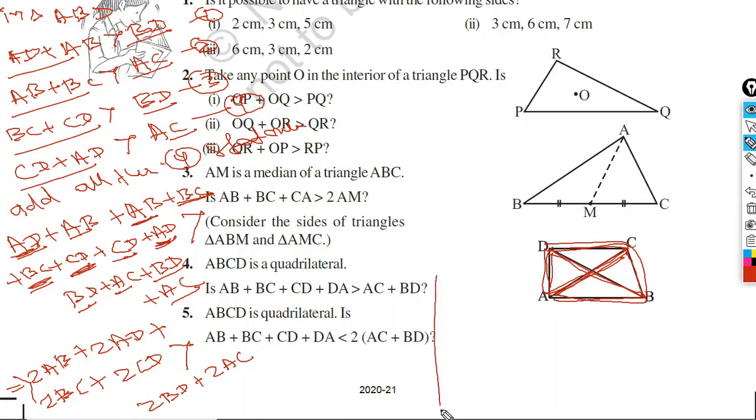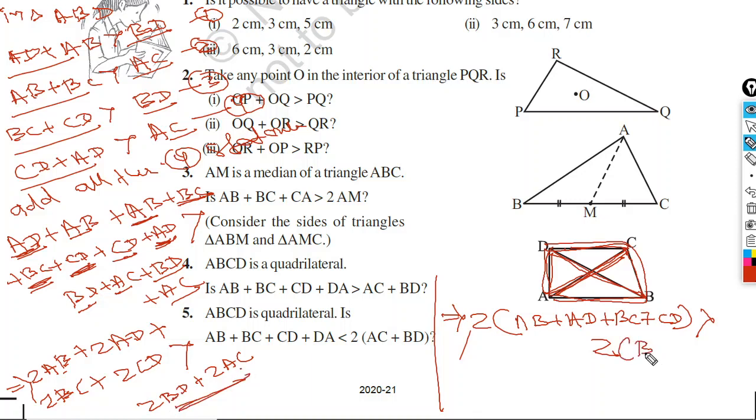Now take 2 common from all of them: 2 into AB plus AD plus BC plus CD is greater than 2 into BD plus AC. Now cancel 2 from both sides.